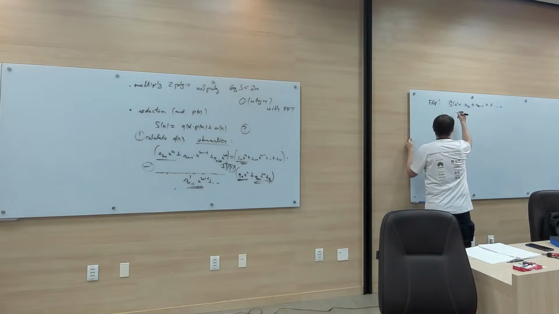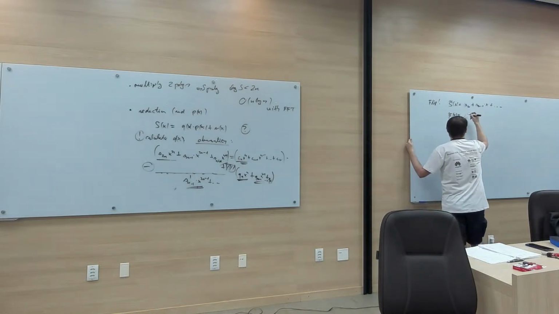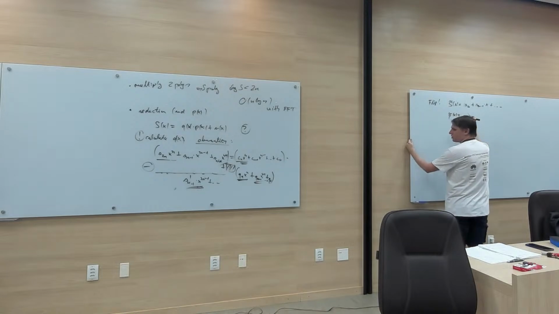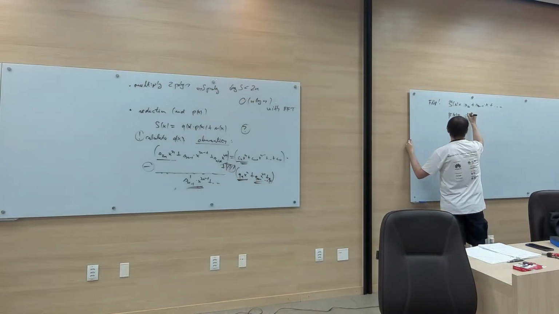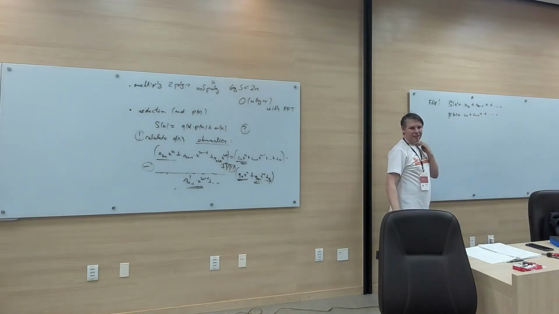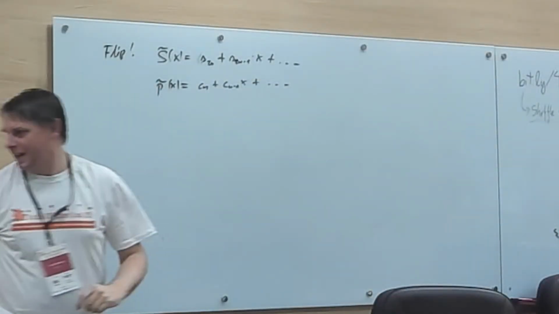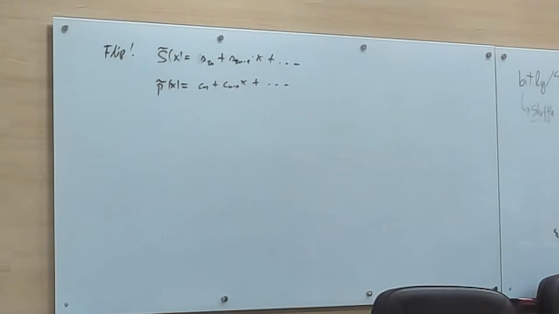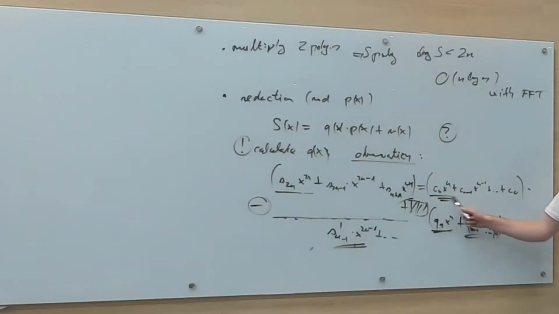And you do the same for P, which is simply C_n plus C_{n-1}x plus, and so on. And after that, based on this multiplication here, it works the same way, working from the highest degree to the lowest degree, as opposed to working from the lowest degree to the highest degree.